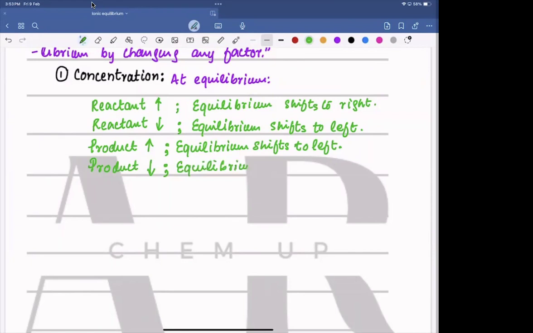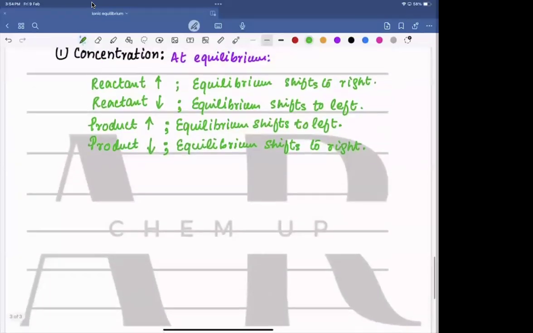So I have made the summary over here: equilibrium shifts to the right in this case. Is this clear to all of you?